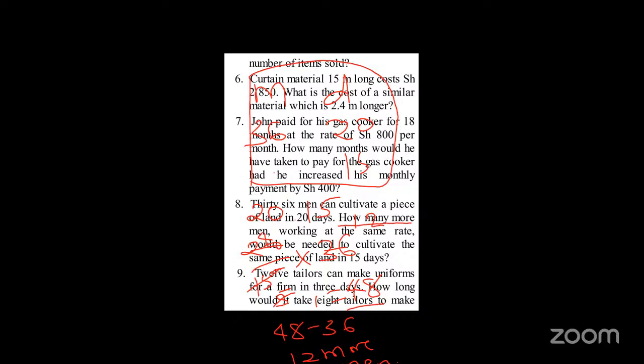Original walikuwa 36 na the new number ni 48, so the extra men ndio wanahitajika. So utachukua the new number of men minus the initial or the original. Sawa sawa.